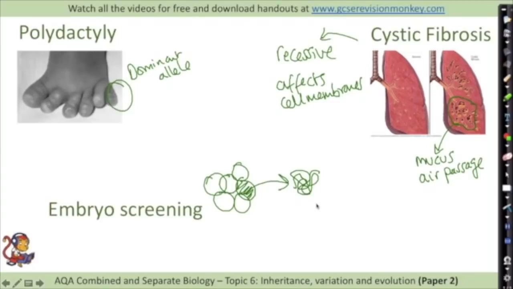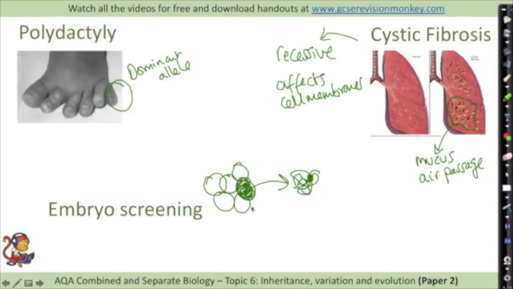And what they are looking into is perhaps being able to change or remove a certain gene that they find that's causing a disorder or could cause a disorder, or perhaps even suggesting that they wouldn't use this embryo and they would choose another one that the mother and father had produced instead.